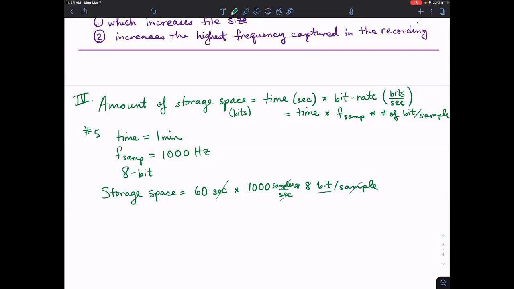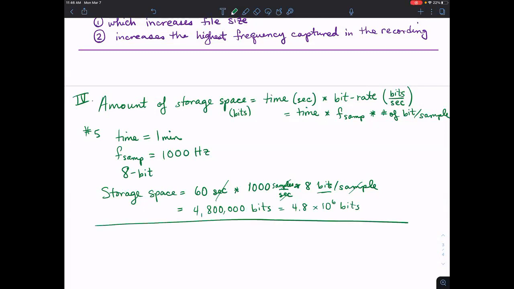We're just left with bits. So that's 60 times 10,000 times 8, which is 4,800,000 bits, or 4.8 times 10 to the 6th, or megabits. Okay, that's number 5.